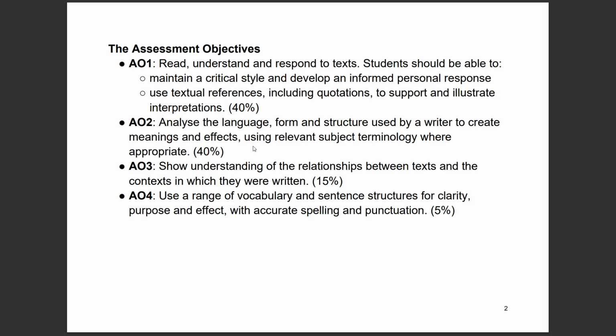That should be the most of your essay. Context is very, very important as well. It's 15%. It's 1.5 grades. And then this 5%, on the one hand, you might think it's not important, but actually I would say you should be writing with the best grammar all the time and vocabulary because it affects everything. Okay. And grammar is not something that you can really switch off and on.